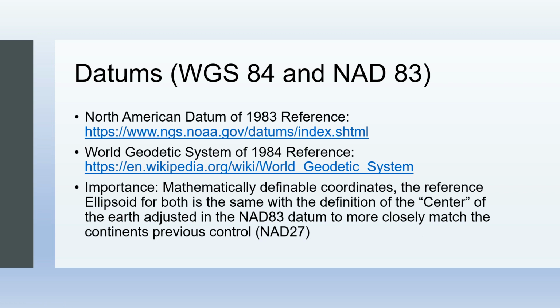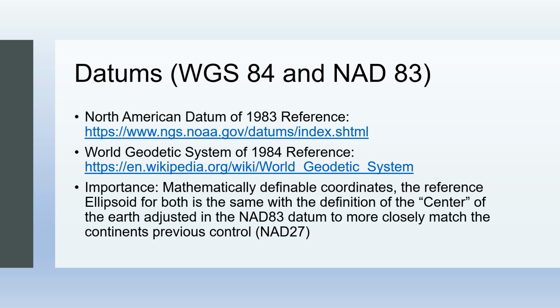So when we're talking about the datums of 1983 and 1984, the mathematical definition of the ellipsoid or the sphere of the Earth is the exact same, right? So basically it's a squashed sphere. We're going to talk about that on the next slide.